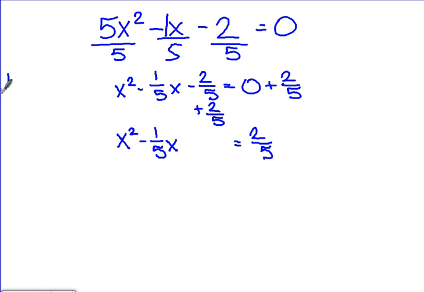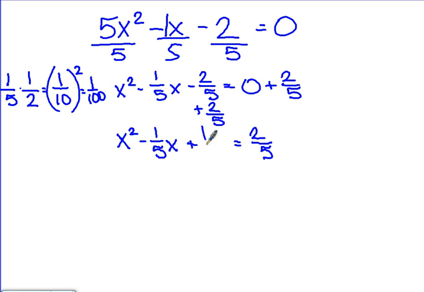Take our middle term and divide by 2, or multiply by half, and we get 1/10. And then we're going to go ahead and square that, which will give us 1/100. So we're going to add 1/100 to both sides of the equation. Okay. Now I have it so that I can factor.